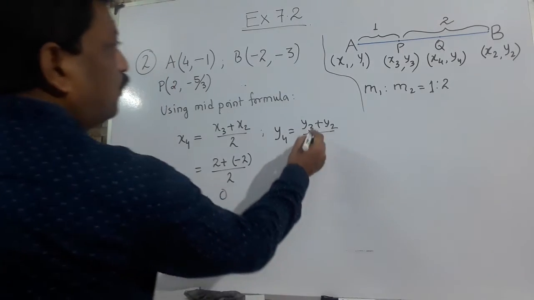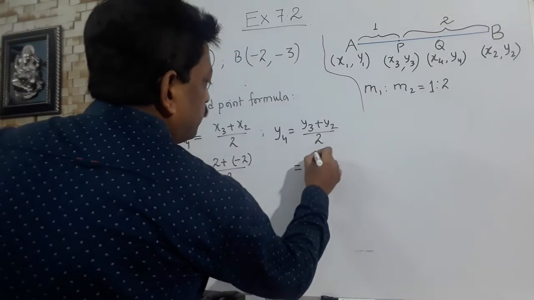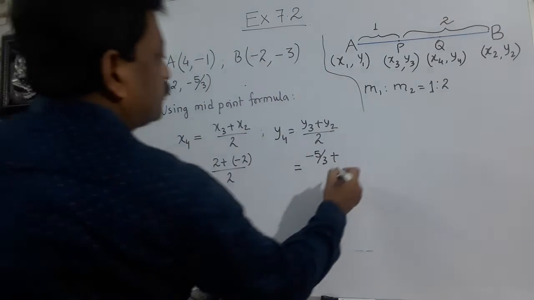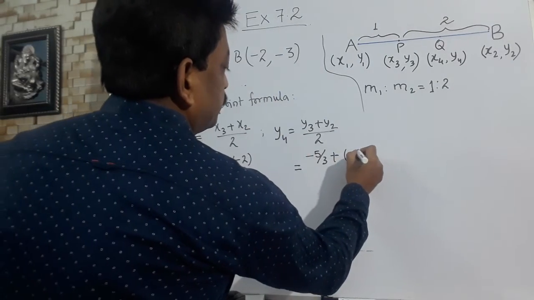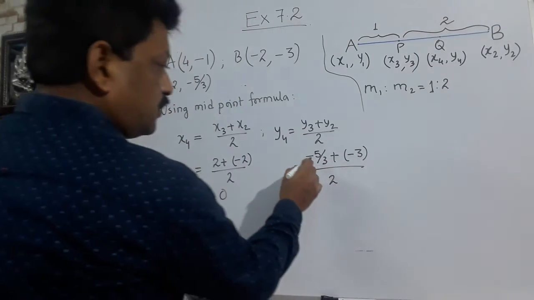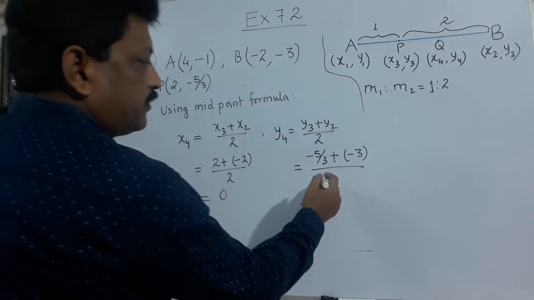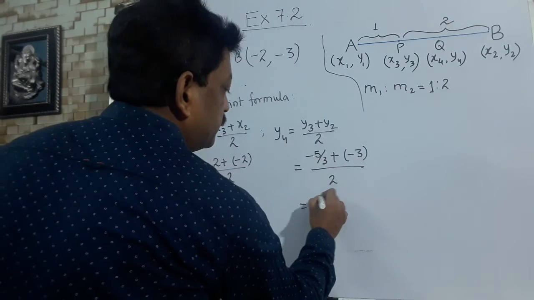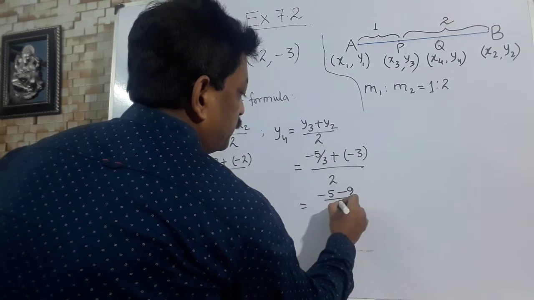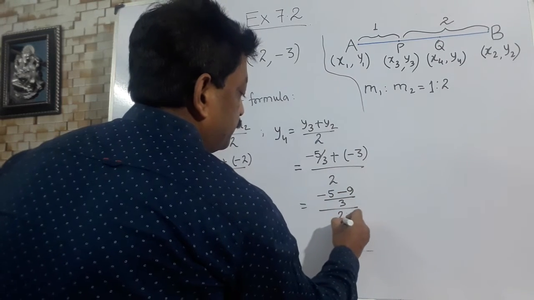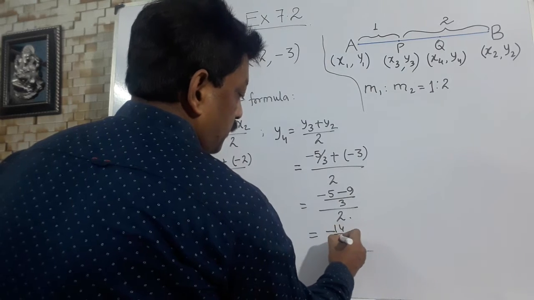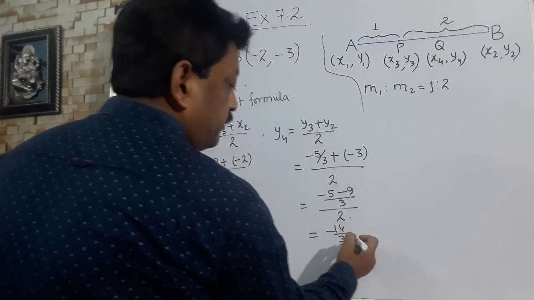Similarly, y3 is minus 5 upon 3 and y2 is minus 3. So it is minus 5 and after taking the LCM it is minus 9. Minus 5 minus 9 upon 3, by 2, or we can say minus 14 upon 3 divided by 2.